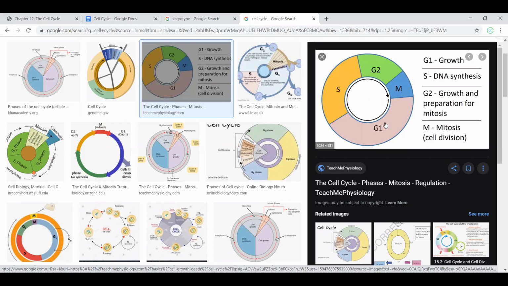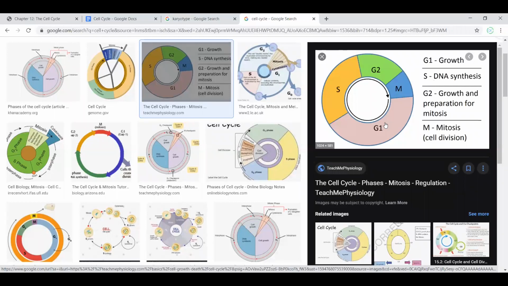The G2 phase, which is the final phase of interphase, is just more growth. There's nothing really special that we know about the G2 phase. It's kind of just there because scientists observed it. Nothing really special happens in that time.